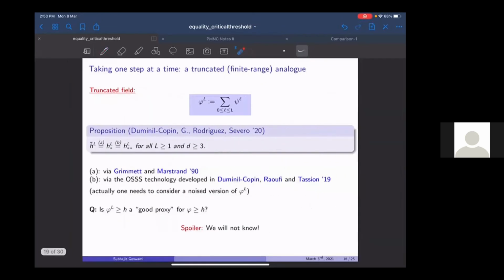Let me tell you the answer first, as a spoiler: even after this lecture, and even after this work that we did, we really do not know anything like that. But to pay tribute to the historical succession of ideas, let's try to assume that something like that can be done.